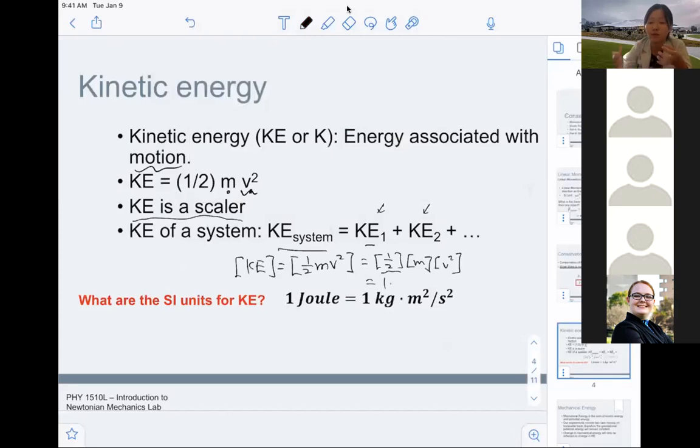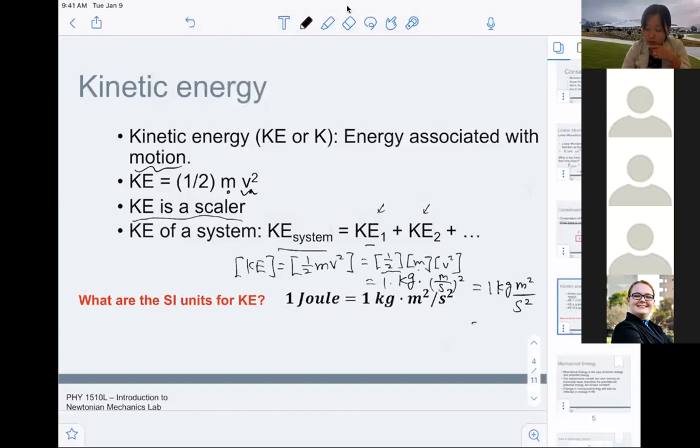It doesn't change whatever units you're going to have. And mass will give you kilograms, and velocity will give you meters per second. So it's velocity squared, so meters per second squared. So overall, kinetic energy has a unit of 1 kilogram meter squared over second squared. And we also call that a joule. So that's 1 joule.